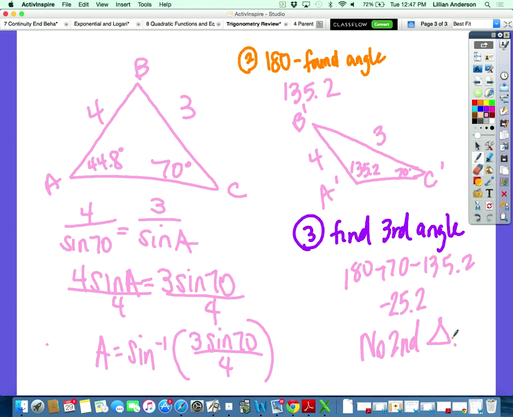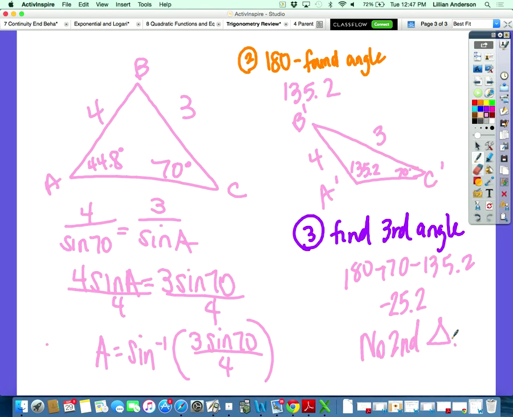You'll know it'll be 0 triangles if at the very beginning, when you found that first angle, it was an error message. Then you would know there are no triangles that fit the original specification, and you put no solution. And since it's only the one triangle, we would finish this off.